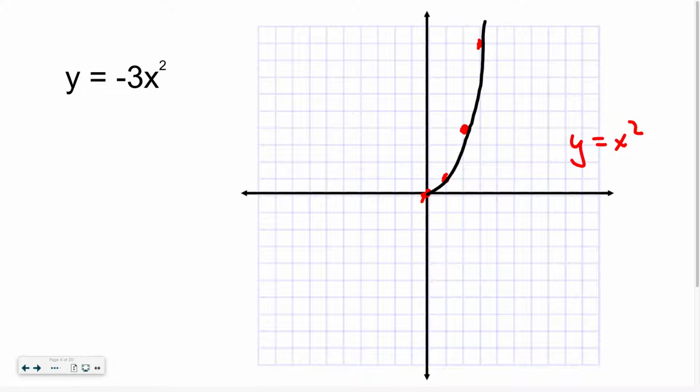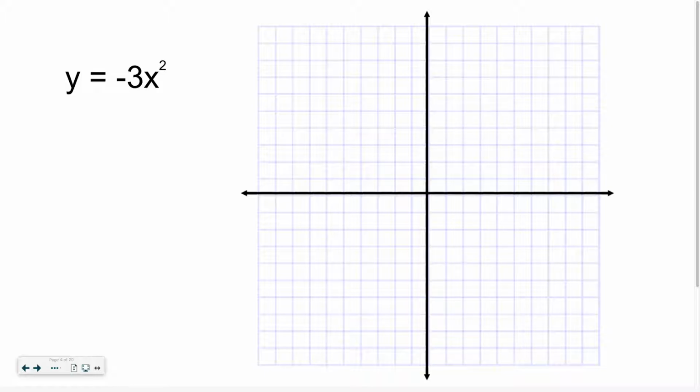On some of your papers, I did write, just add more coordinates. You did it right, you just needed to add a couple more coordinates. Now, looking at y equals negative 3x squared, yesterday we talked about a few things with that coefficient. What do I know about the graph? It's going to go down.